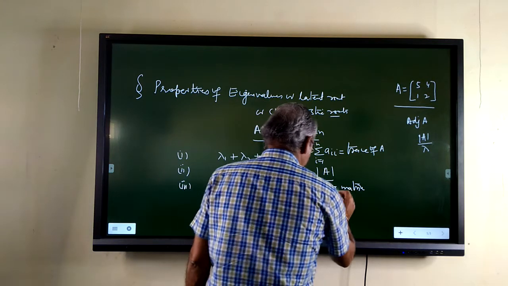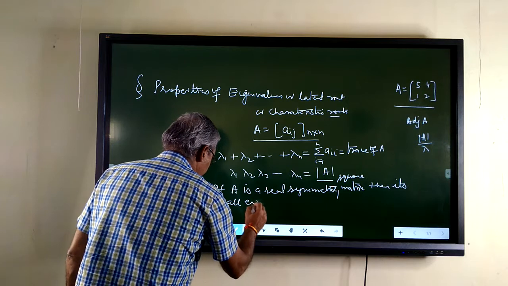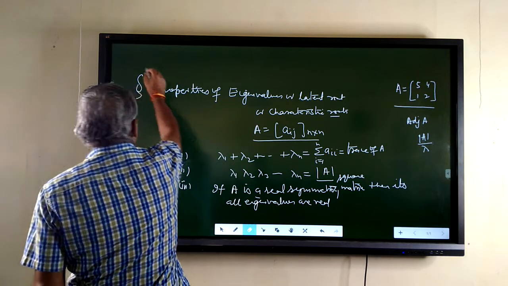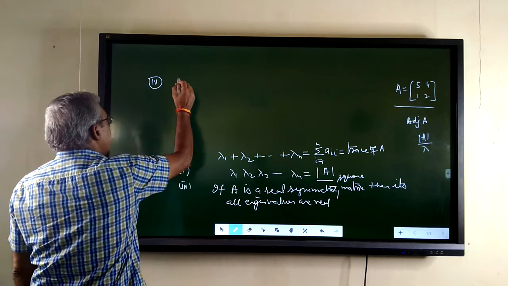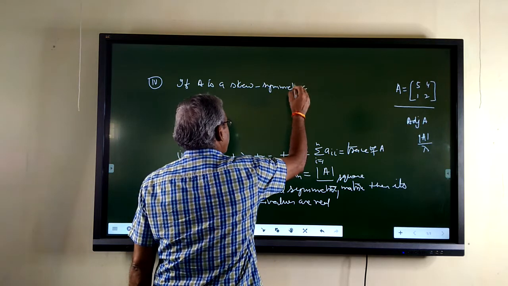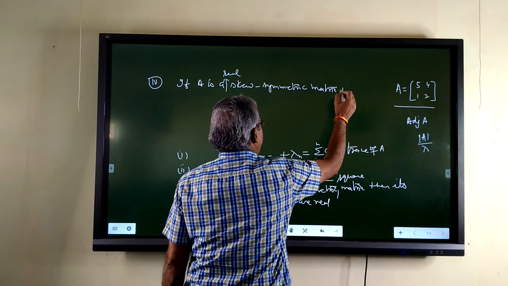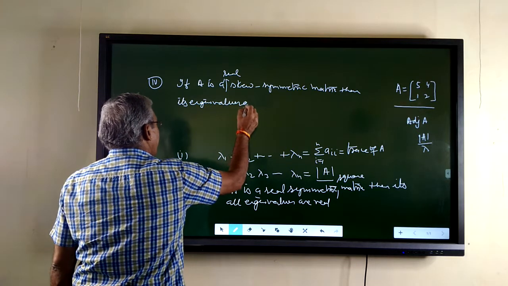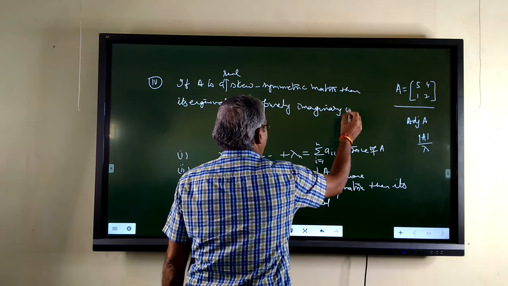Fourth property: if A is a real skew symmetric matrix, then its eigenvalues are purely imaginary or zero.